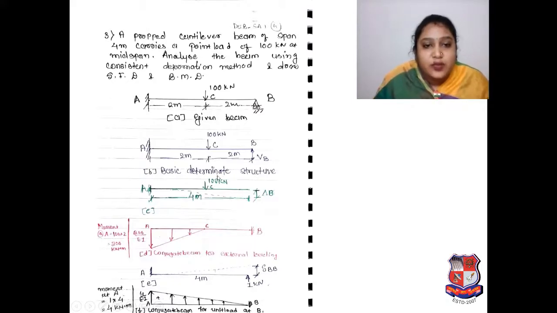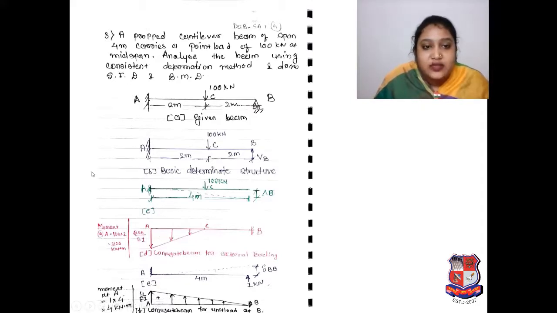So as per steps, what do we have to do? First we have to make the basic determinate structure. So what we have to do? We have to remove that support, means we have to make it a propped cantilever. Okay, so we removed that support. So here 1 VB force is there in upward direction.